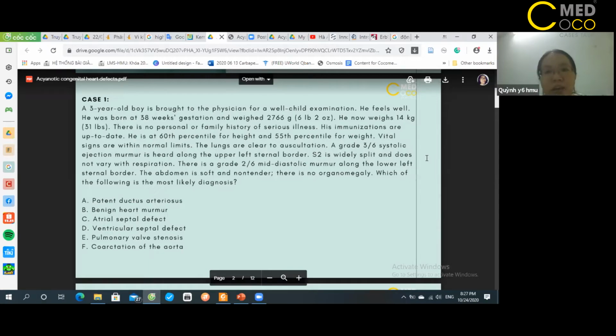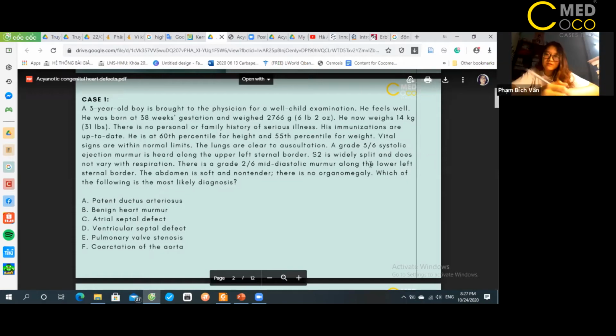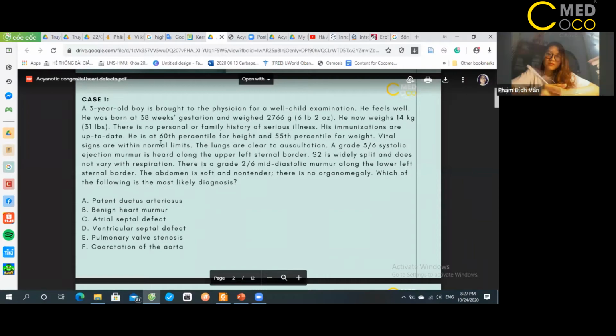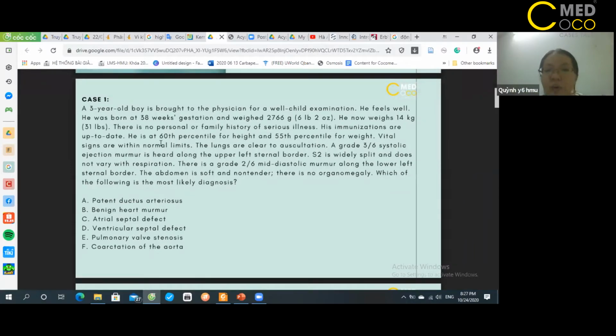It's from negative two standard deviations to positive two standard deviations. Do you know standard deviation? Yes. So this one is totally normal height and normal weight.